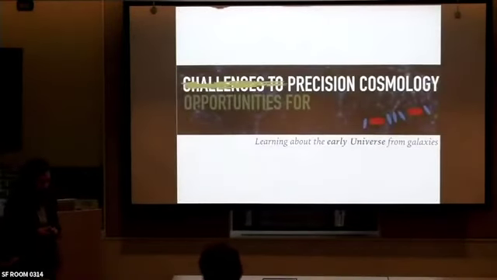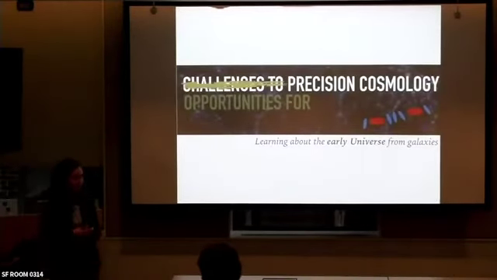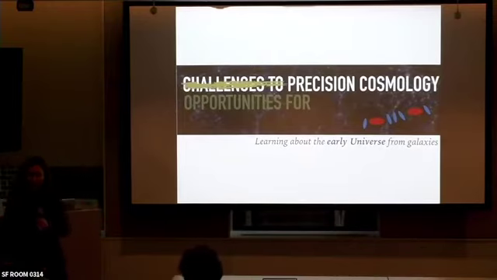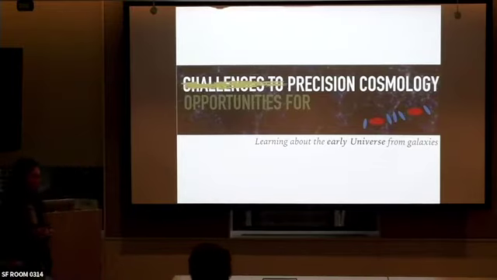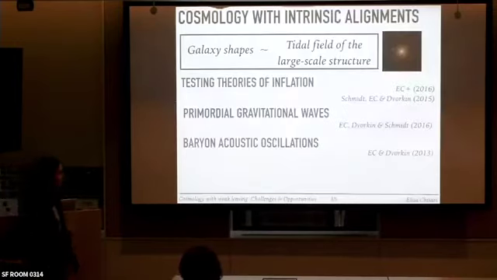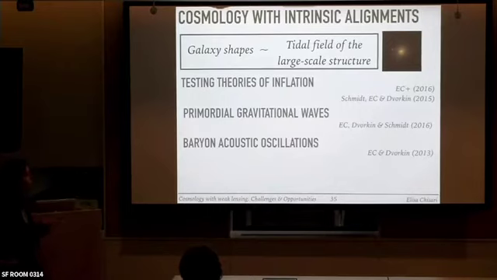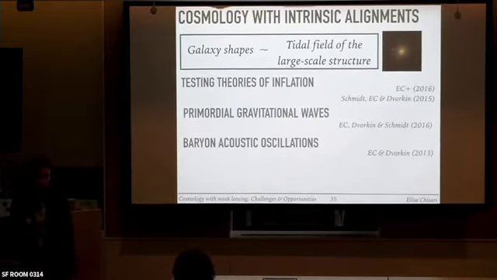All right, so now I want to change topics again and tell you about how some of these challenges that I've been telling you about can actually be turned into opportunities for new cosmological constraints from the next generation of surveys. In particular, I want to talk about using intrinsic alignments, which we know we can measure, to do cosmology in the future.